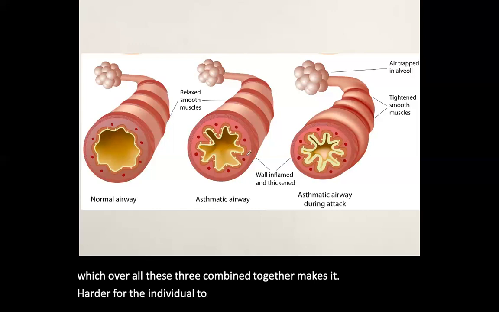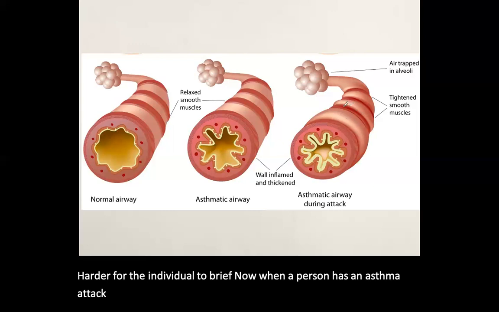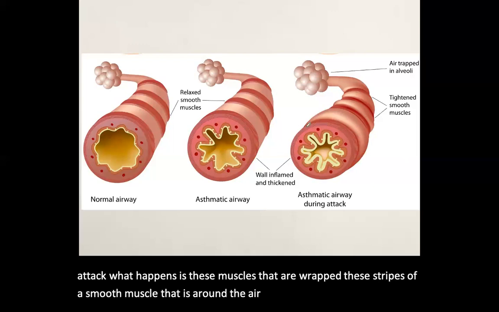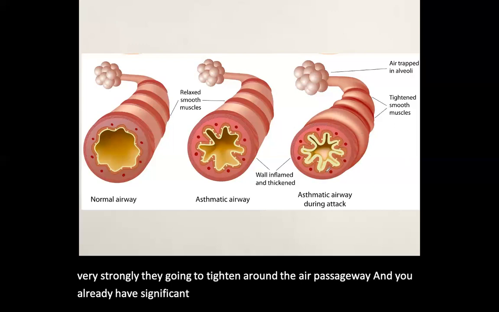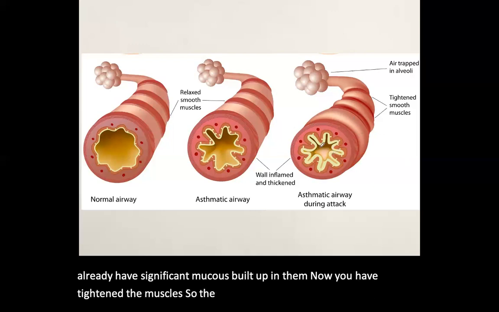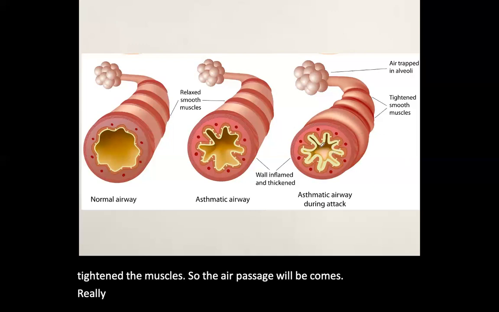Now, when a person has an asthma attack, these stripes of smooth muscle that are around the air passageway are going to contract very strongly. They're going to tighten around the air passageway. And you already have significant mucus built up in there, and now you have tightened the muscles, so the air passageway becomes really narrow, making it very difficult for these individuals to breathe.